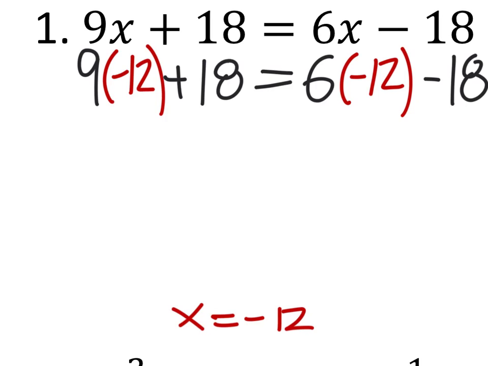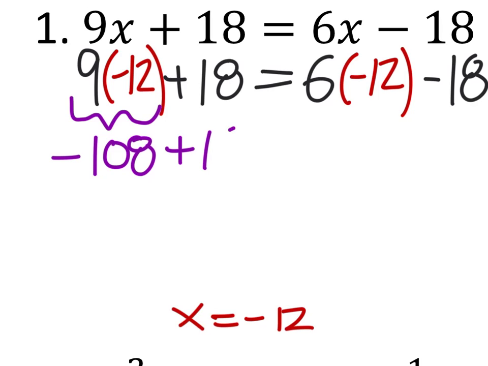So we're just going to solve both sides. Let's look at the left side first. We've got to do the order of operations here. So we've got to do 9 times negative 12. That's going to give me a negative 108. And then I'll add that 18. Okay, so if I stay focused on the left side here, we can see that this is going to give me a negative 90. Now, if we've done this correctly, we should find that it is negative 90 on the right side as well.